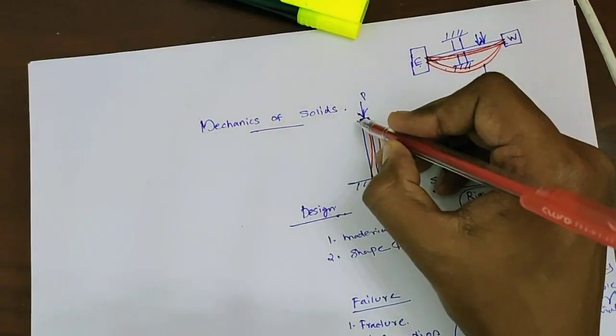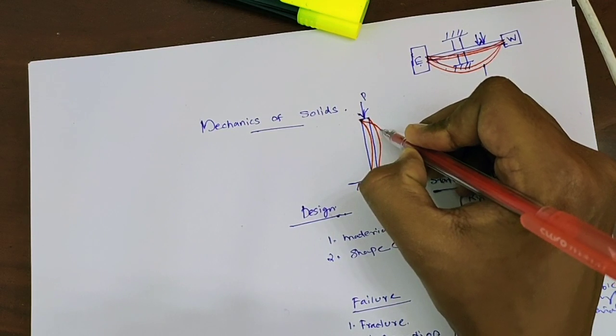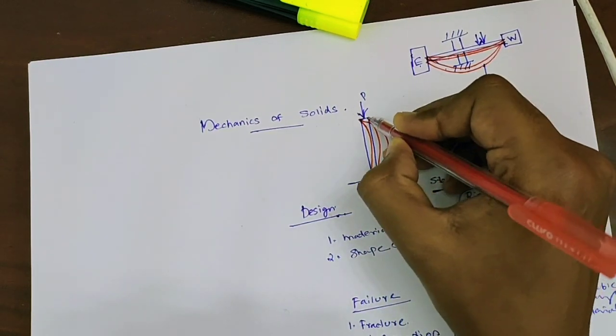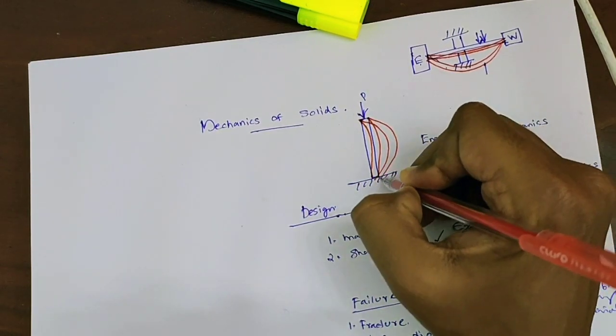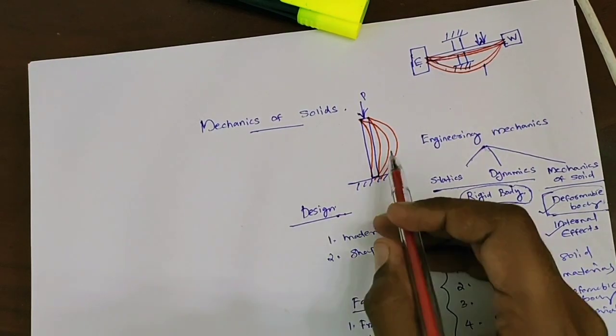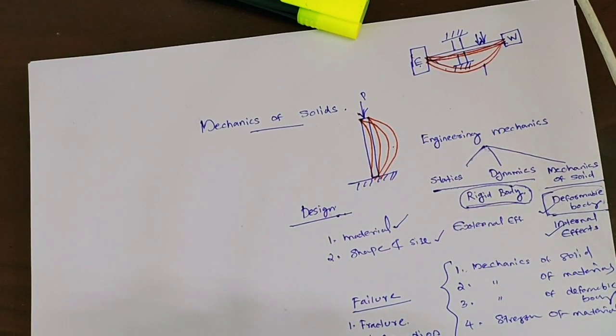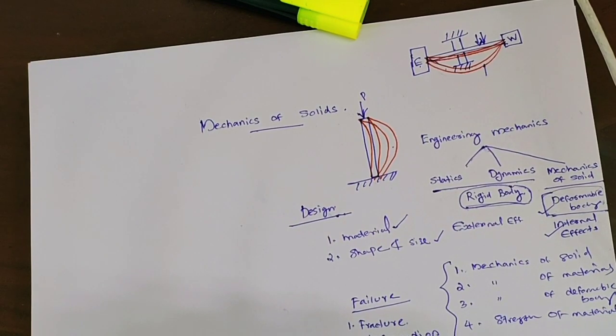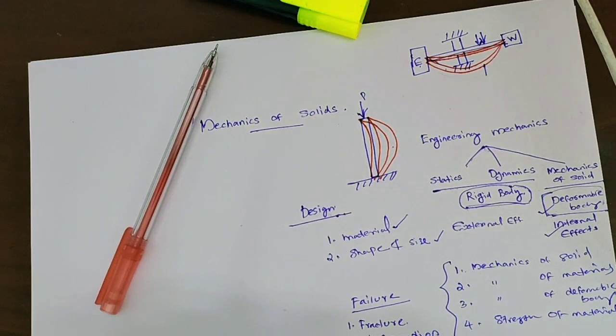But if I increase the load P, it starts to buckle in a severe manner, extensively. This is the final position after severe buckling. In this condition the column is not in equilibrium. So this is an unstable condition, and any time it can fail by fracture. So instability is also another mode of failure.